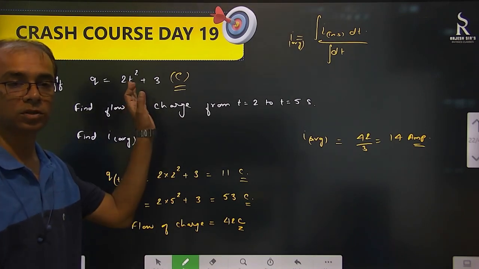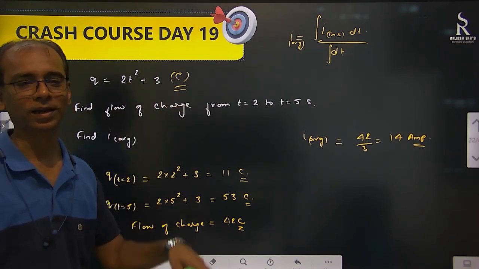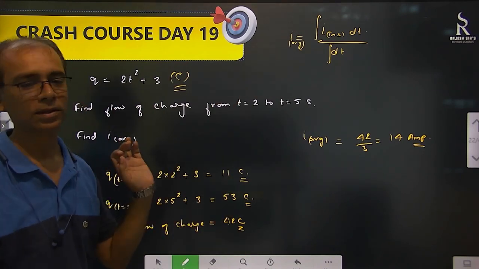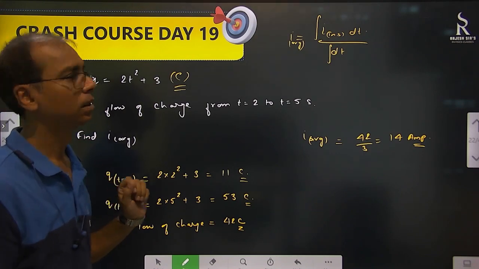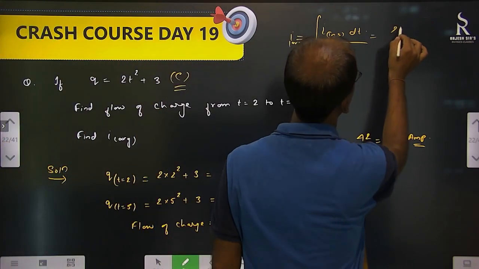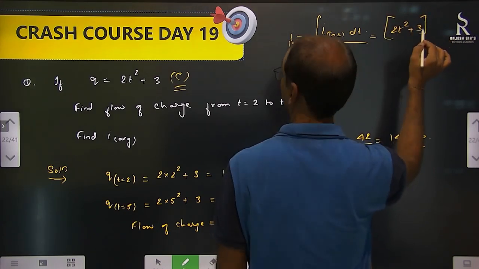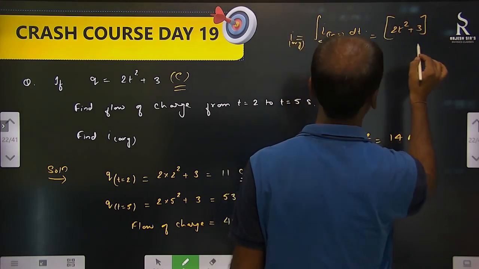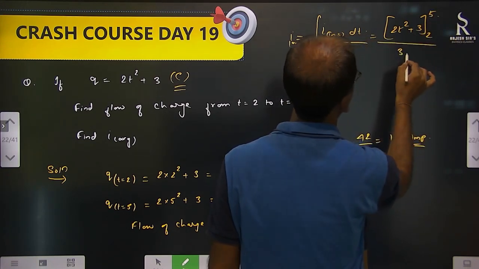I instantaneous means you have to differentiate, then integrate and then divide. So first differentiate, then integrate, and this only will come: 2t square plus 3, with limits 2 to 5, divided by 3 seconds. That's what we did.